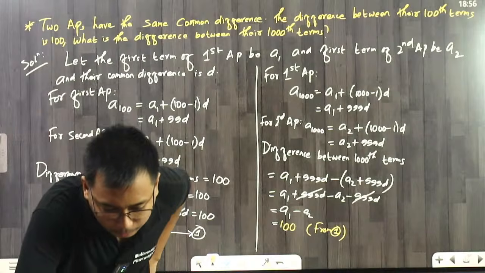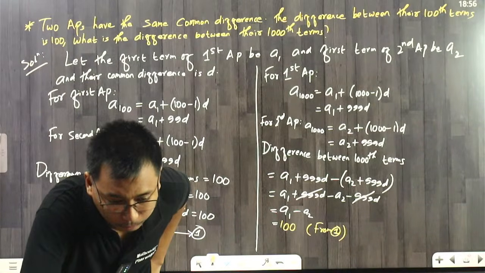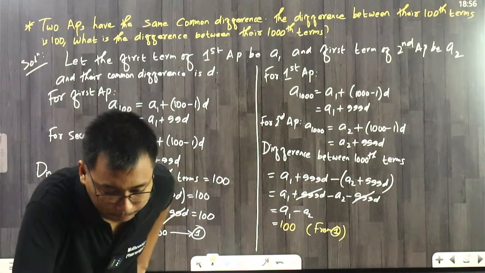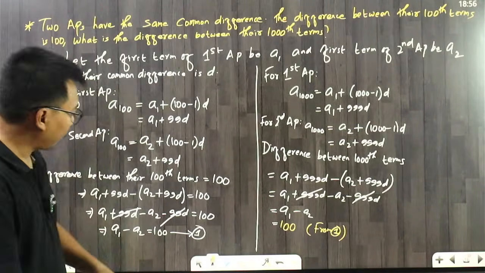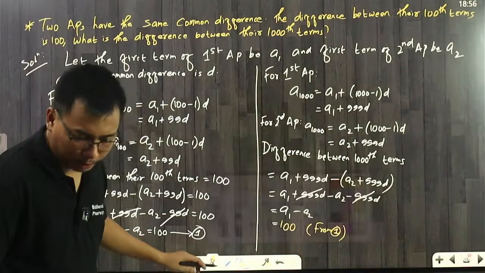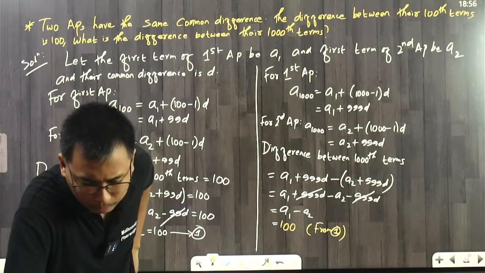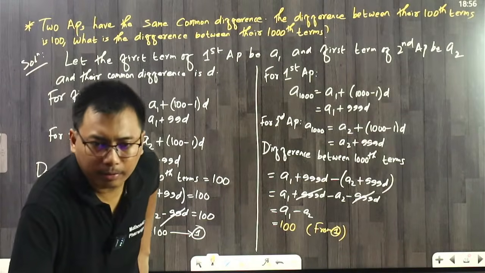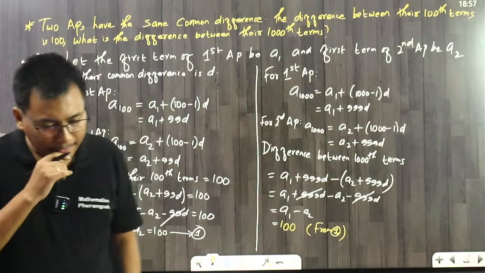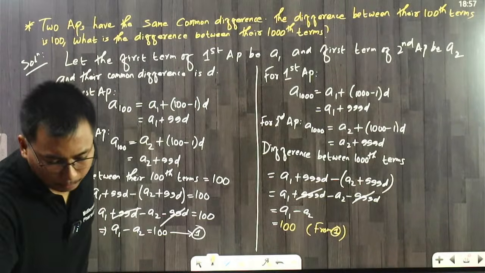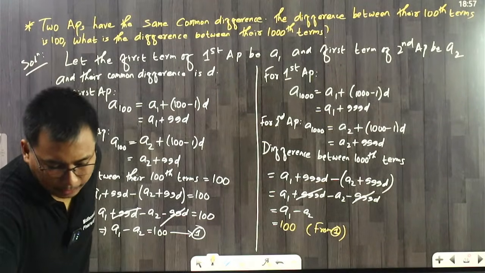All right. Not clear. Third part. Which third part, Elia? Third part means there are many parts here. 1000 terms. Which one? Are you talking about 1000 terms? Rajiv is telling clear.